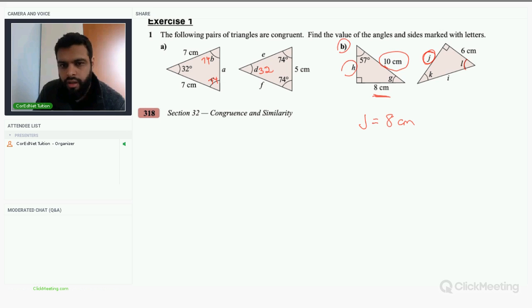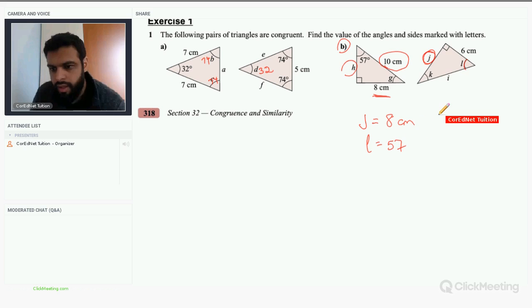Okay, so L is going to equal 57. L equals 57. What about the value of K?